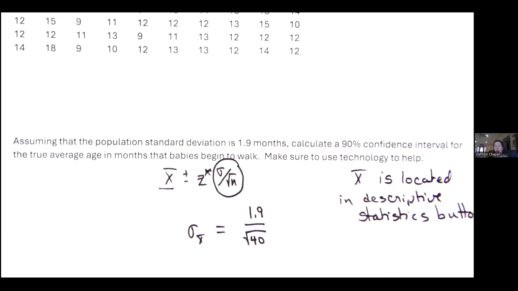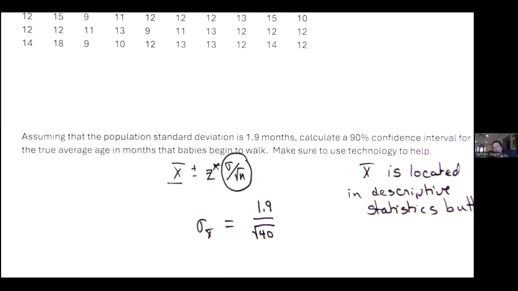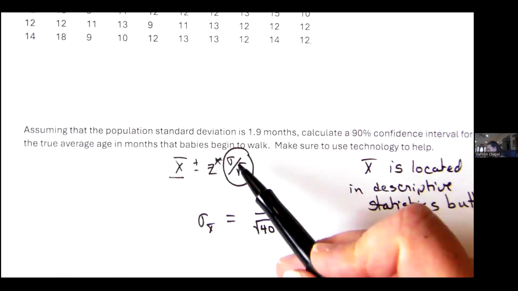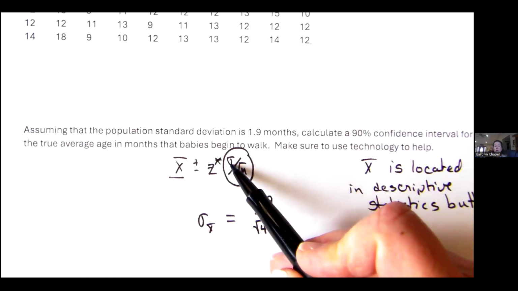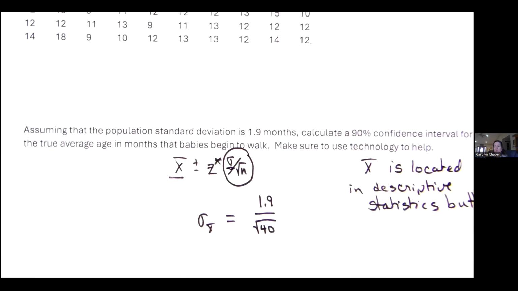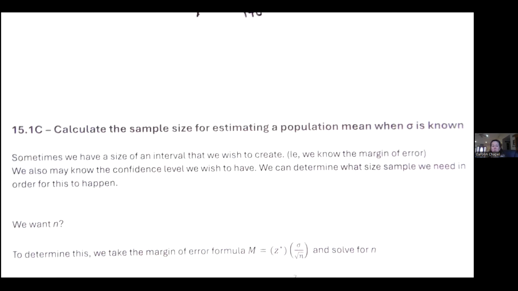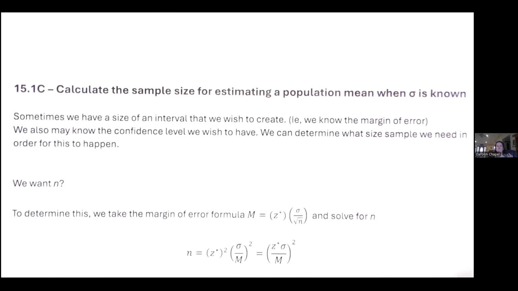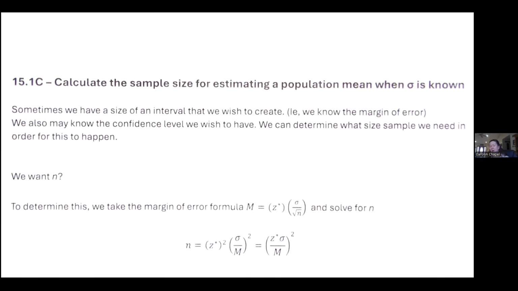Okay. All right. So that's kind of going to end our discussion on calculating a confidence interval. But I do want to go into a little bit more because all of this has required us to know this thing right here, the standard deviation of the population. And sometimes we don't know that, and sometimes we do. But even before that, suppose we wanted to start from scratch and we want to create an interval that has a certain size to it.